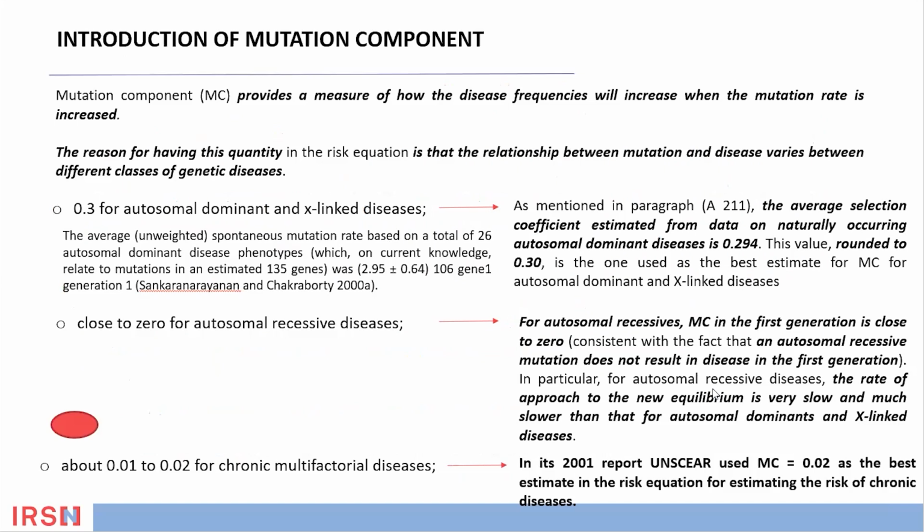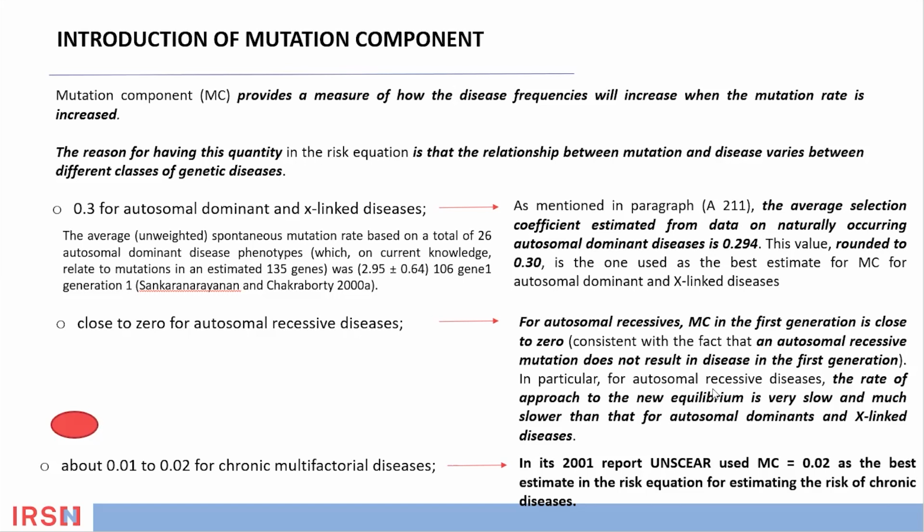I just want to go back to these calculations. For example, they calculated the mutational factor for each type of disease, and for autosomal dominant and X-linked, it was the same, 0.3, because they calculated the selection coefficient from the spontaneous mutation rate based on mouse data from 26 autosomal dominant disease phenotypes.